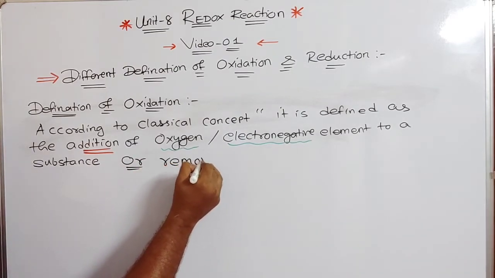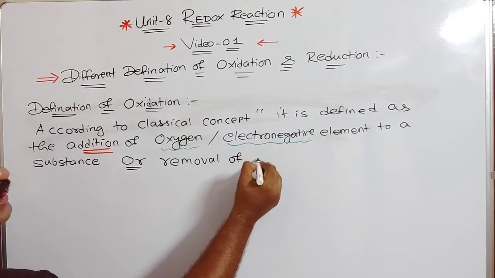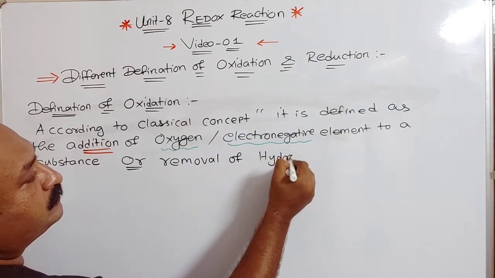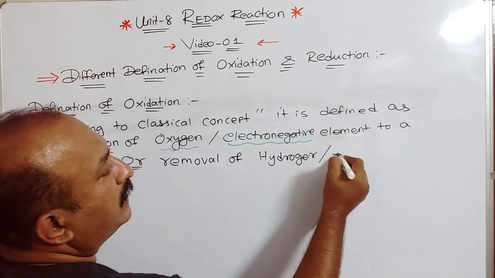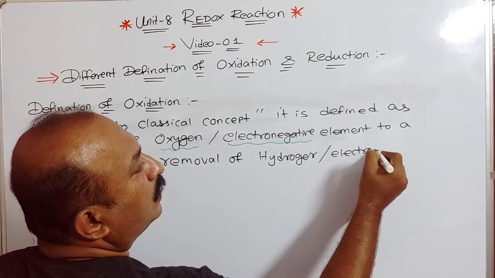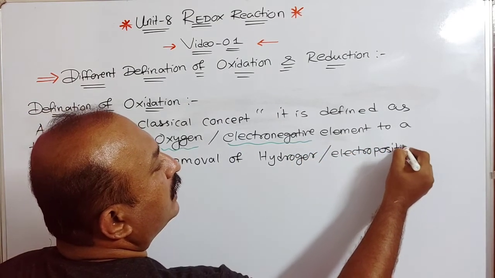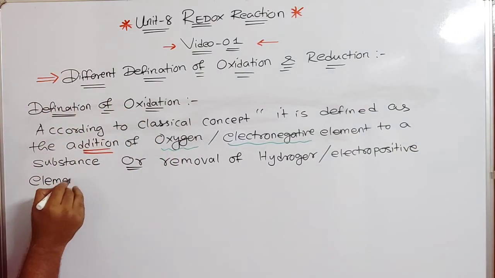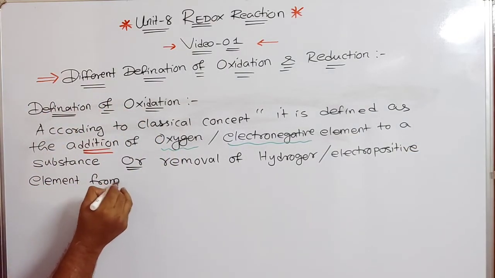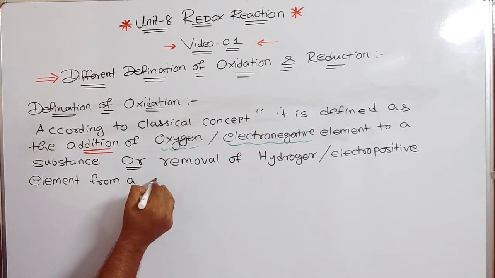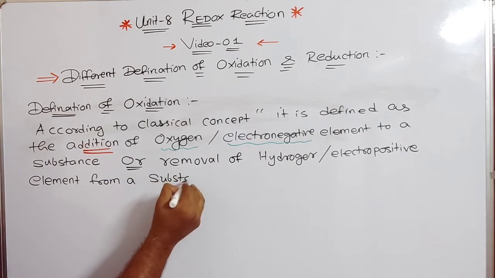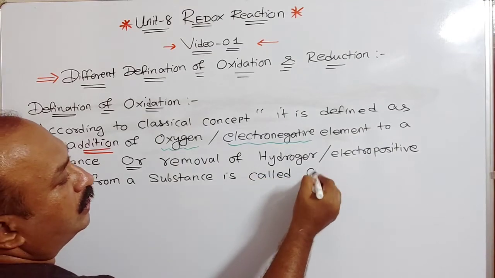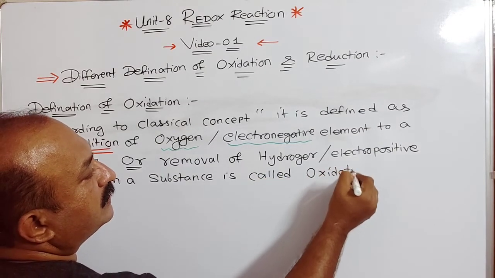removal. The word is clear. Removal of hydrogen or electropositive element from a substance is called oxidation, right?